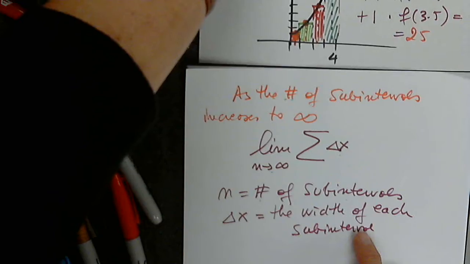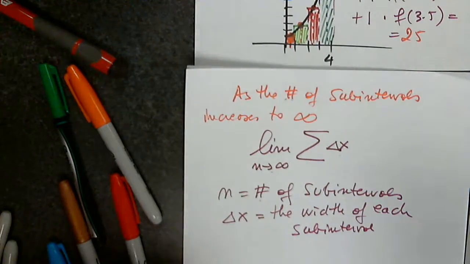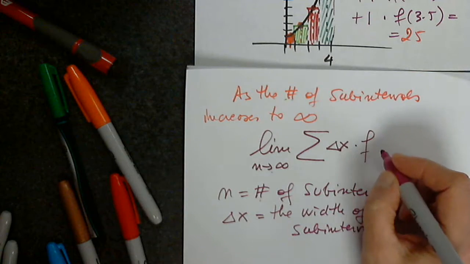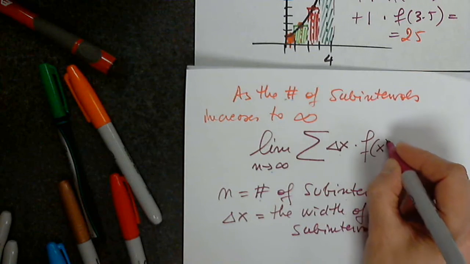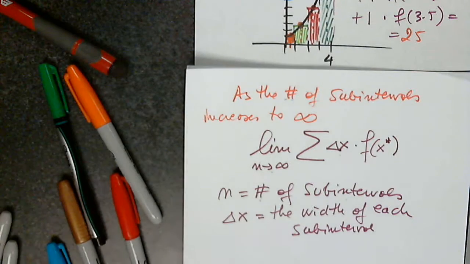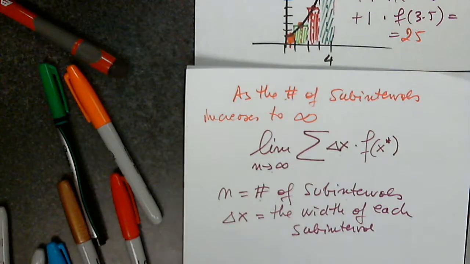Okay. Now, times what? F, very good. F, I'm going to put x star, and I'll explain what star means. It could be the leftmost point, it could be the rightmost point, or it could be the midpoint. But we have to determine it. So that's why bear with me and use the star. Okay?